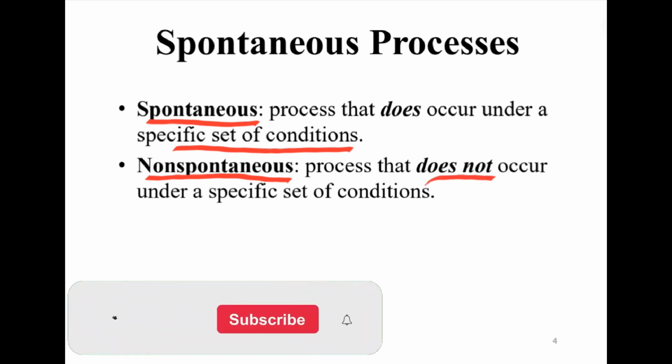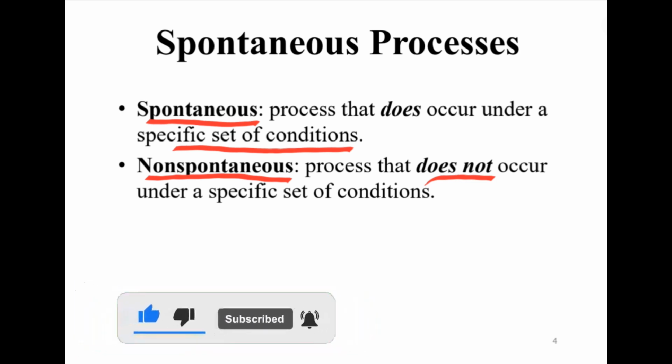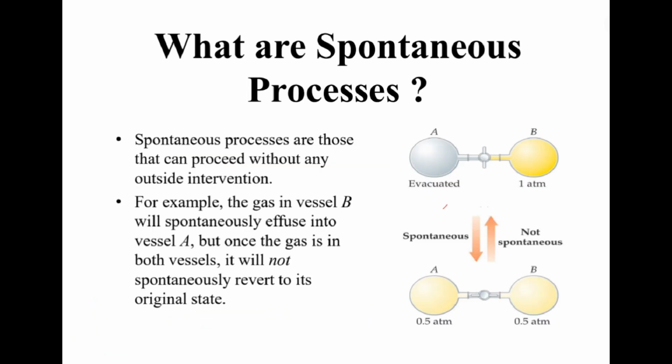So ይሄ ማለት በተወሰኑ ሁኔታዎች ስብስብ ውስጥ የማይከሰት ሂደት non-spontaneous process እንለዋለን ማለት ነው። All right, so let us elaborate these two processes in detail. So spontaneous processes are those that can proceed without any external or outside intervention.